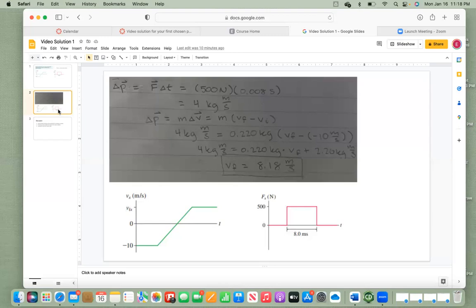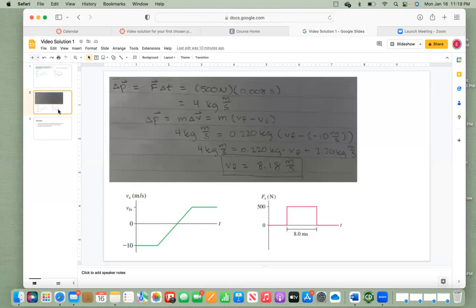And then we also know that change in momentum equals mass times change in velocity. And we can use the graph on the left for this. We know that the change in velocity can be written as the final velocity minus the initial velocity. And we are told the initial velocity is -10 meters per second.